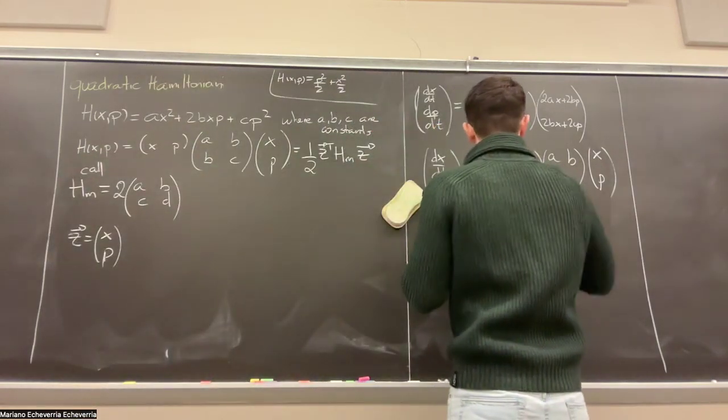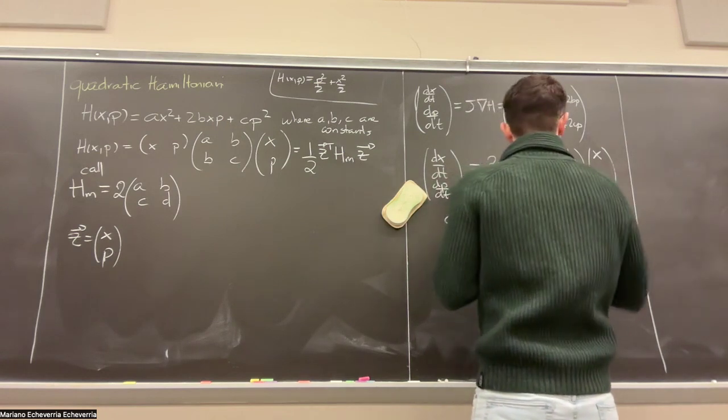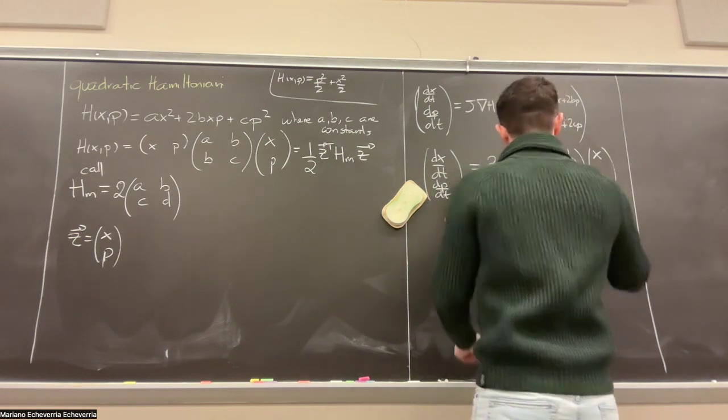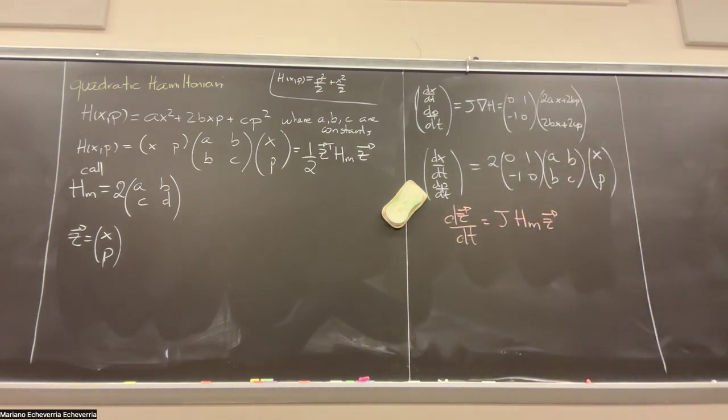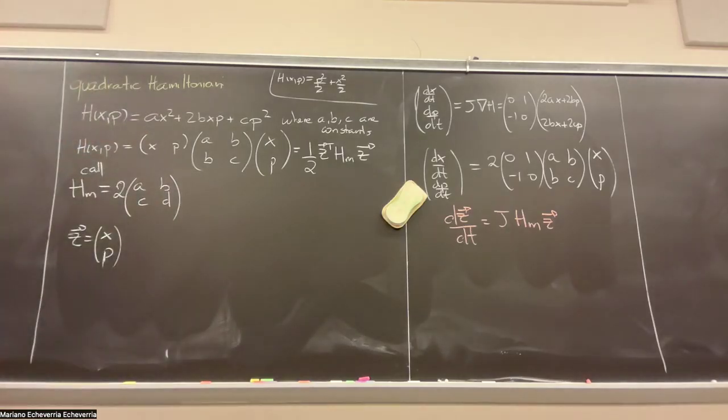So it's just J HM z. Is that okay? Does that make sense? That's looking good.